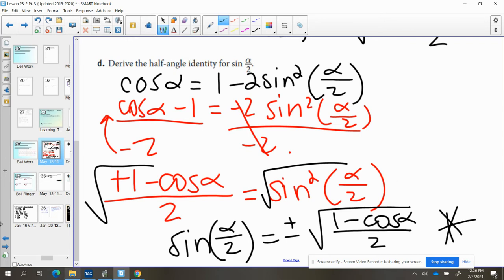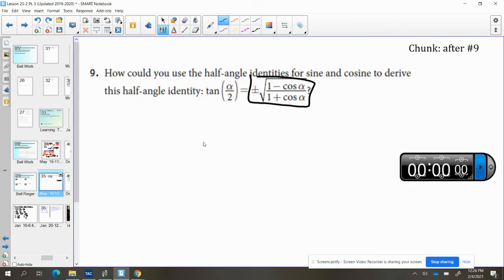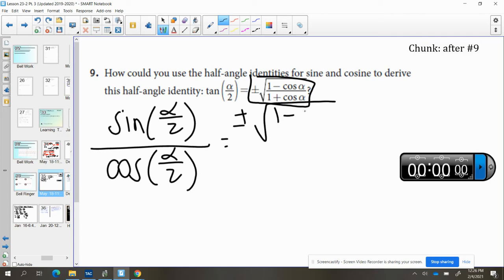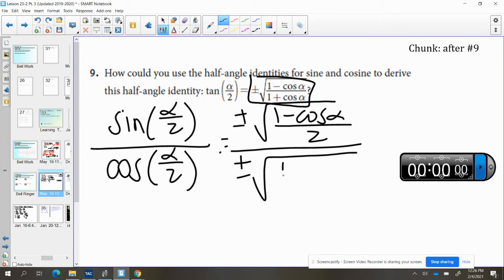Finally, we can also derive tangent using the half-angle formula, thinking of tangent as sine of alpha divided by 2 divided by cosine of alpha divided by 2. From there we plug in what we found above: sine is the square root of 1 minus cos over 2, divided by plus or minus the square root of 1 plus cos alpha, divided by 2.